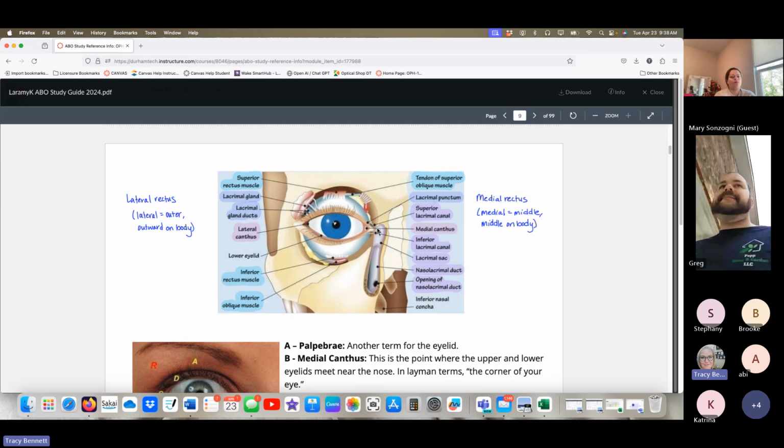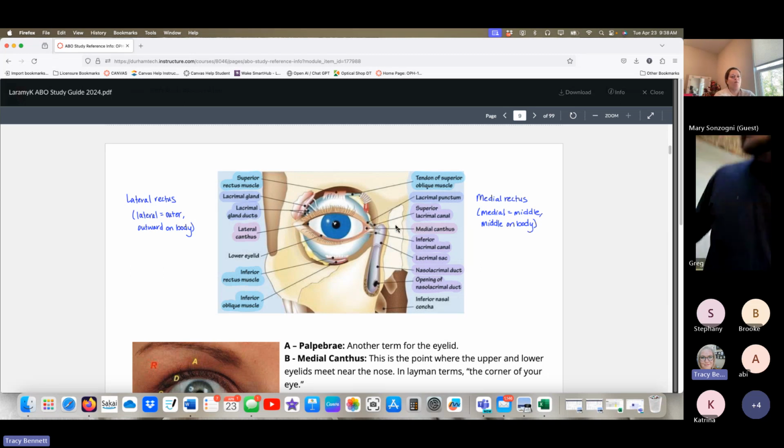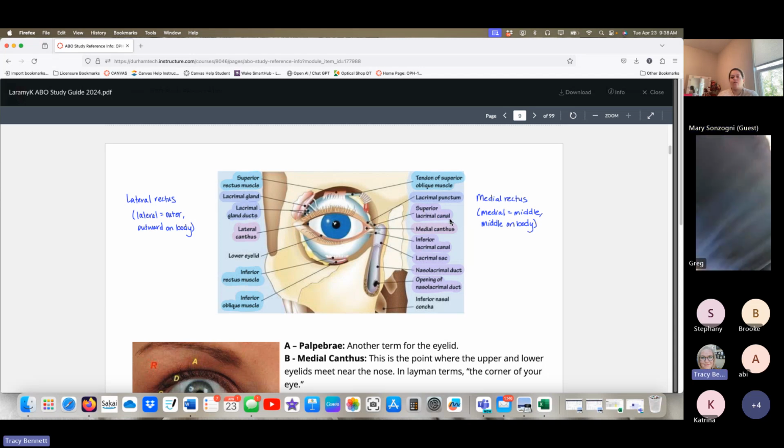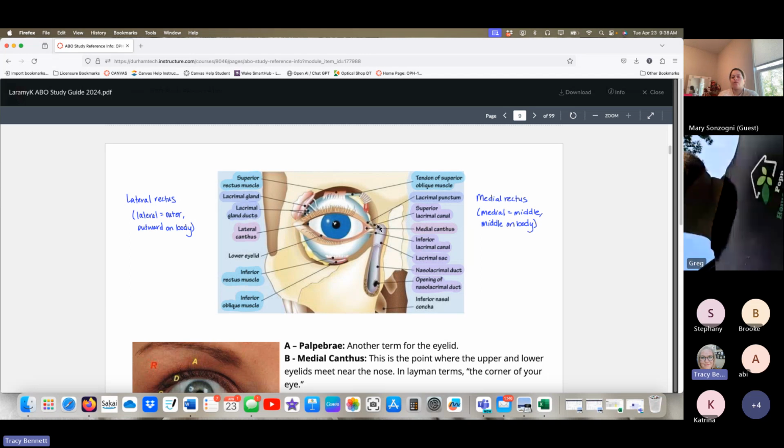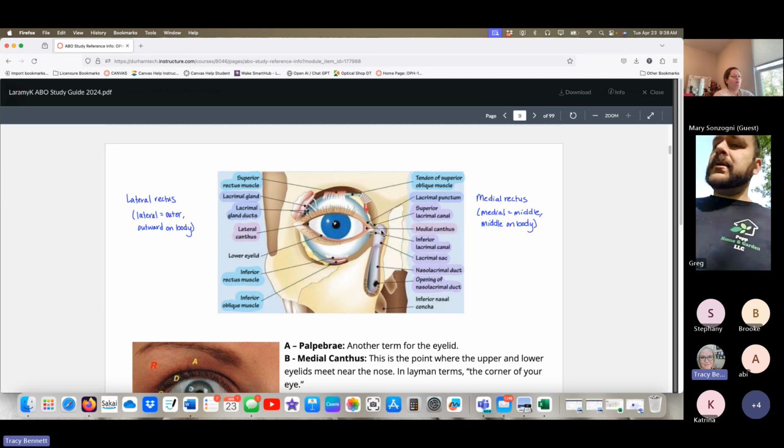The canaliculi, what do they call them here? Lacrimal canal. I like that one even better as a description. But canaliculi is also another word you might see for that one. And so then it goes from here and deposits into the lacrimal sac, and that's up at the top.